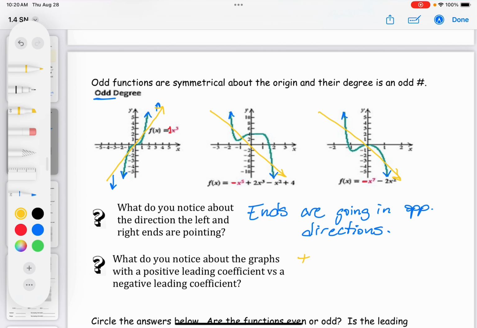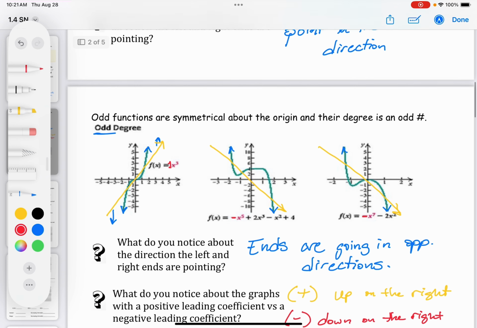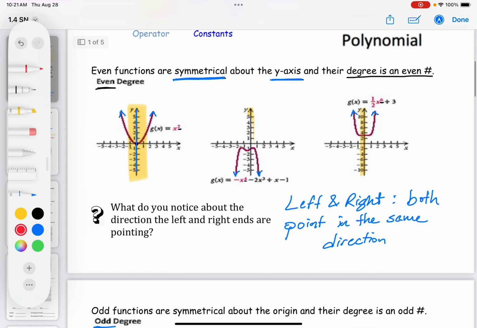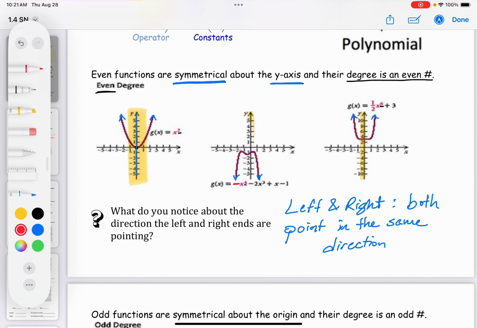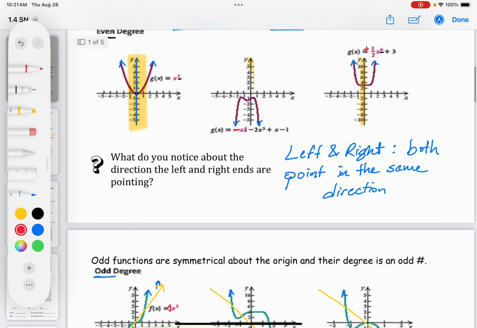So we could say positive is up and to the right, and negative is down on the right side. Going back up to the top, I didn't really ask that question, but you can see that negative and positive determine if my graph opens up or down.